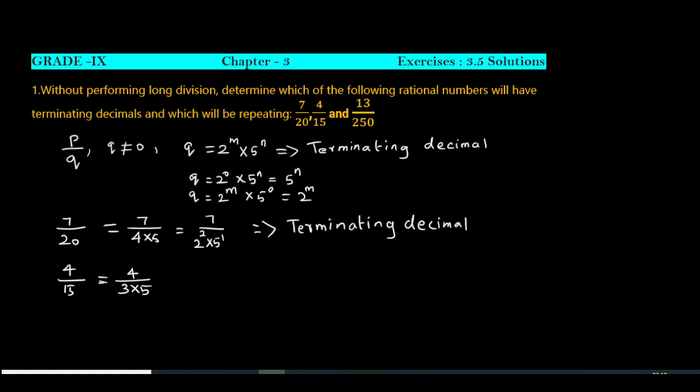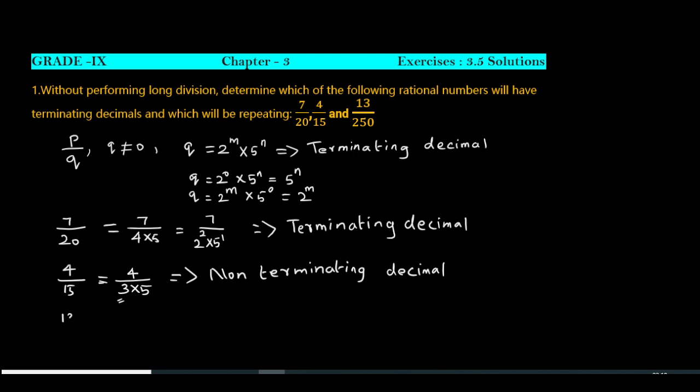Other than 2 and 5, the factor is 3. The prime factor 3 appears in the denominator. That means non-terminating decimal. So this rational number 4 by 15 has a non-terminating decimal.